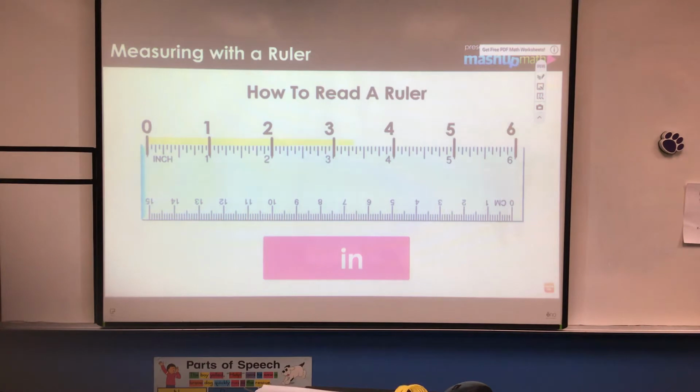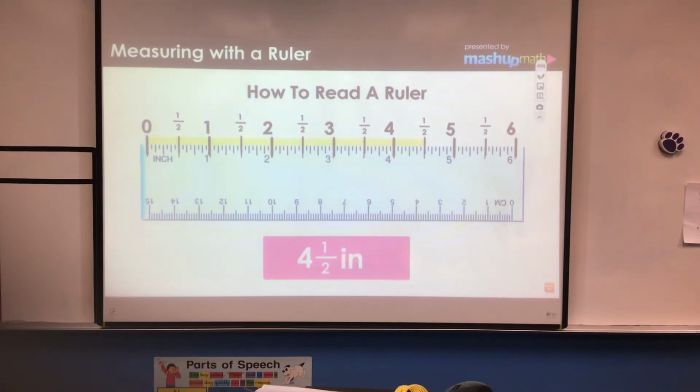The distance between 0 and 4 would be equal to 4 inches. But what would happen if we're measuring a distance that falls somewhere in between two of these values? Notice that there is a marking directly in between each 1-inch marker on the ruler. And each of those markings are going to represent 1/2. So in this case, we have a length of 4 1/2 inches.